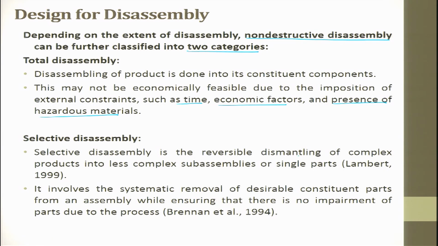For example, removing a tire from a car, selectively I remove it from one car, put it in the other. It involves the systematic removal of desirable constituent part from an assembly. The example which I gave you is a tire getting removed from an automobile.